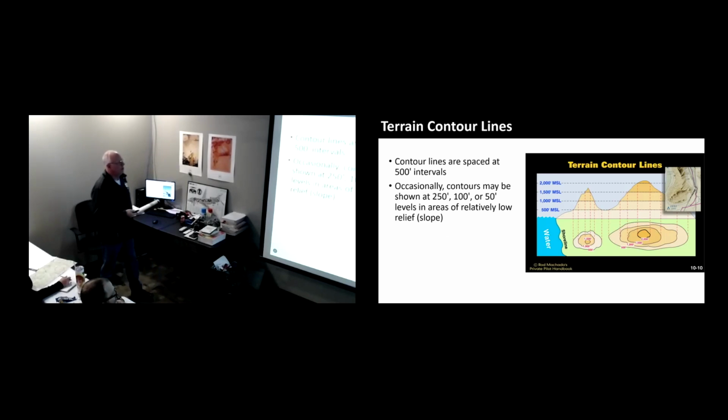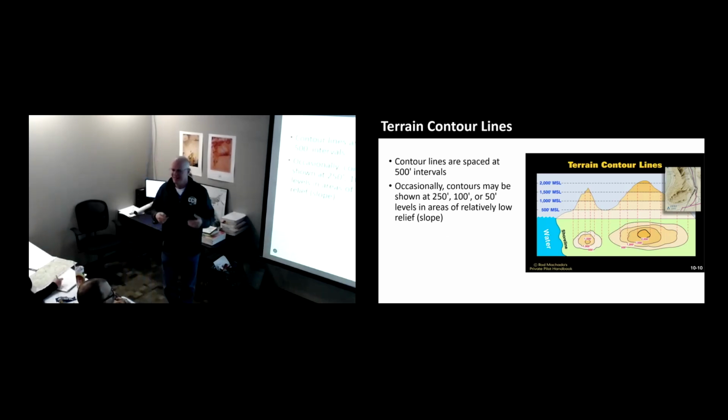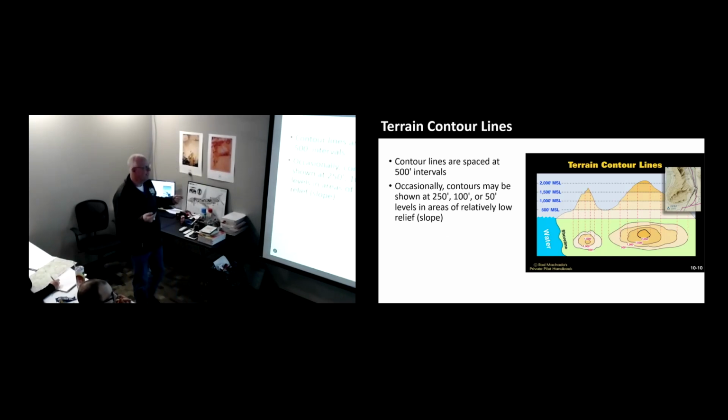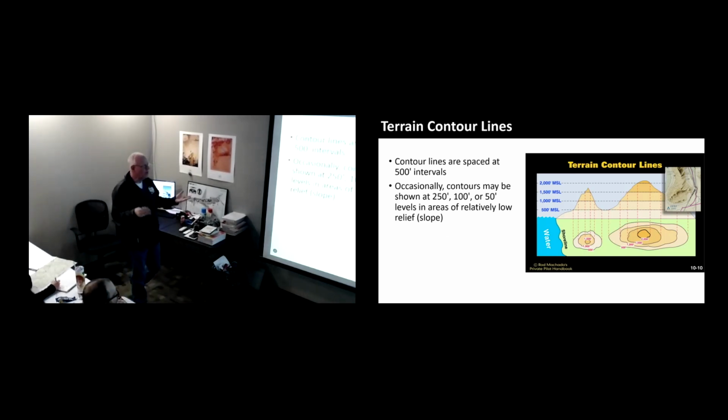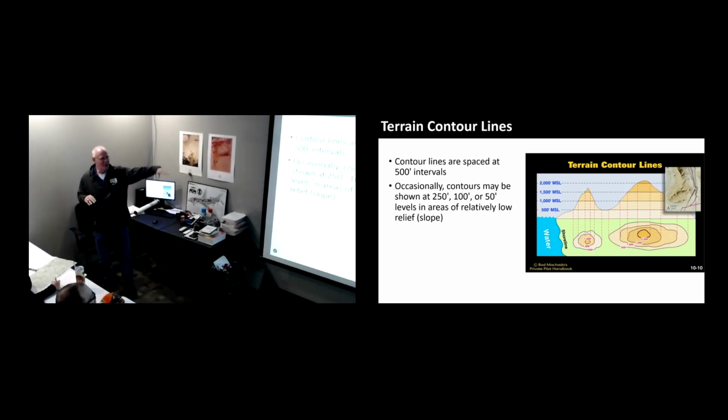All right. Normally spaced at 500 feet intervals. Okay. Again, normally. Not always. Depending on the chart, depending on the contours or some of the terrain, the contour lines may be smaller intervals. And that would be typically if you have a relatively flat area, right, where you don't see a lot of hills and mountains.